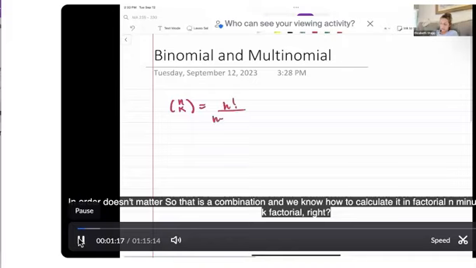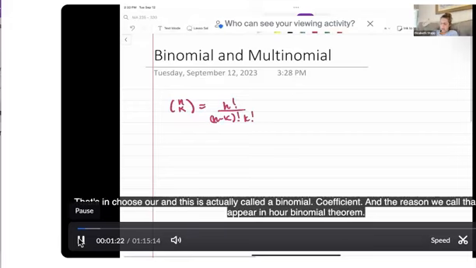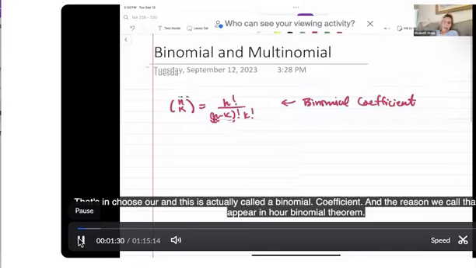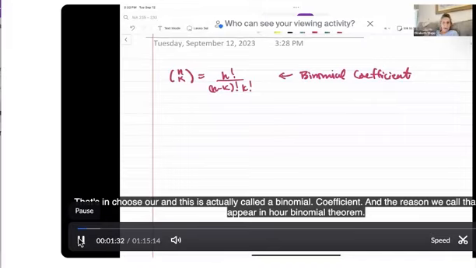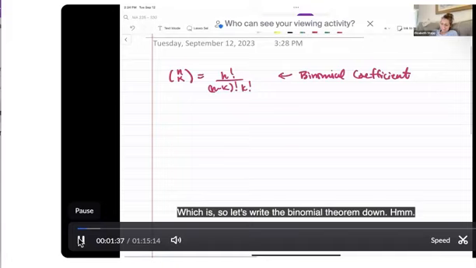It's n factorial over k factorial times n minus k factorial. That's n choose k, and this is actually called a binomial coefficient. The reason we call it that is it does appear in our binomial theorem, so let's write the binomial theorem down.